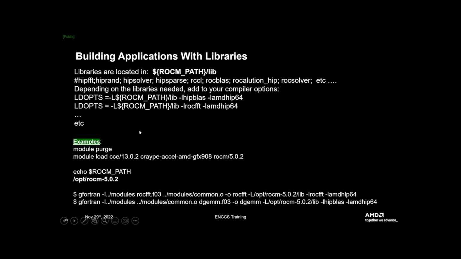Here, for example, is a code that calls rocFFT. To build this code, we link the ROCm library plus the call to the rocFFT library plus the library AMD hipfort. That's it. It is the same syntax for any ROCm library you will be using in your code.